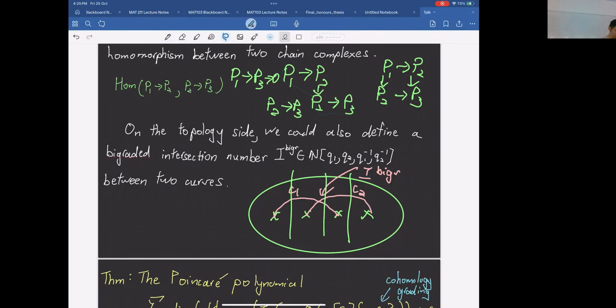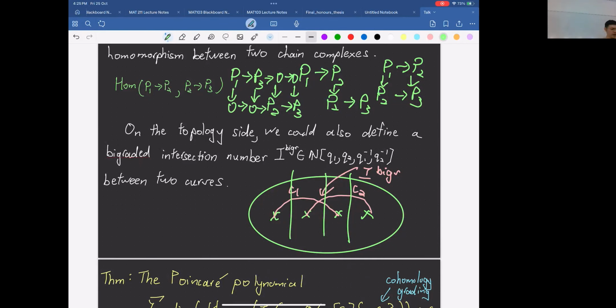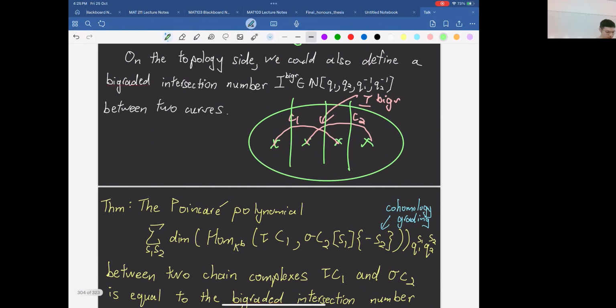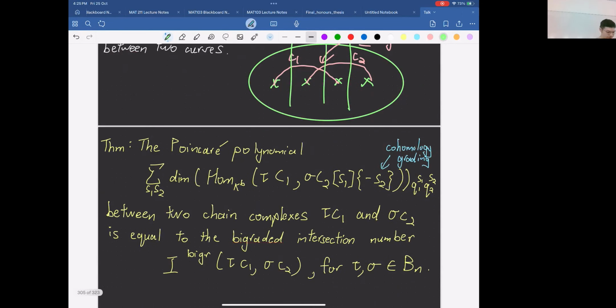Okay, so there's not too much you can do, because what we care about here is a bounded chain complex. Bounded chain complex means for large cohomological grading, it should be 0. So we only care about bounded chain complexes. So this module here is also finite dimensional.